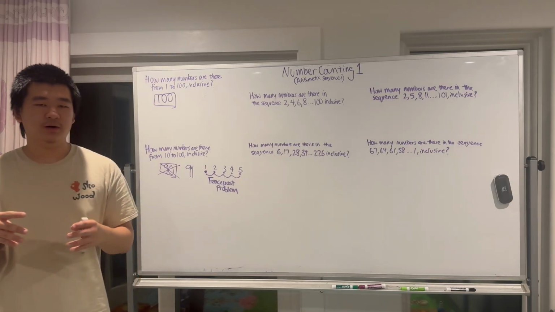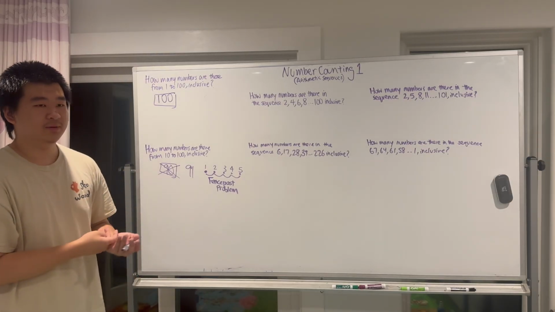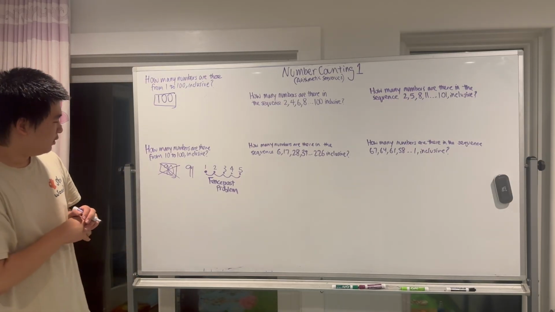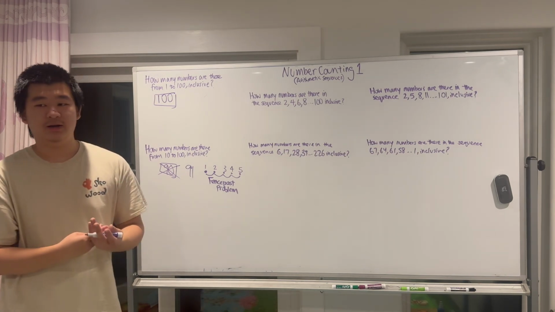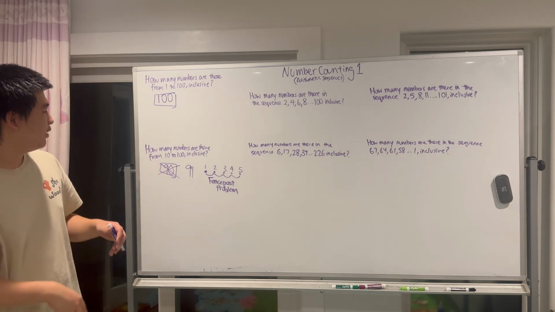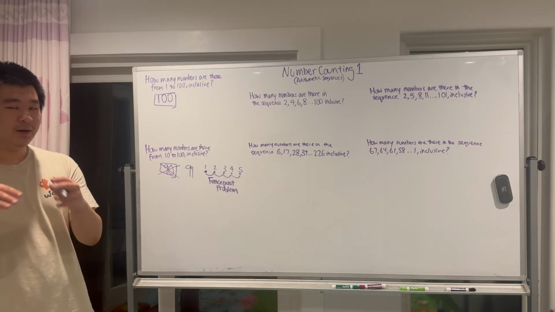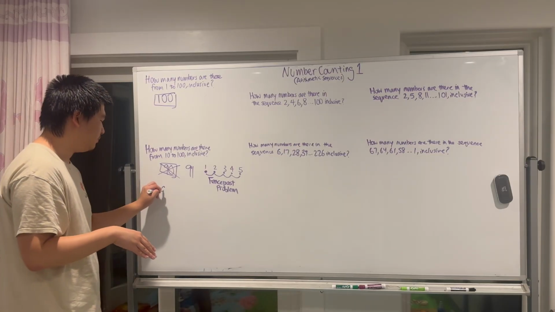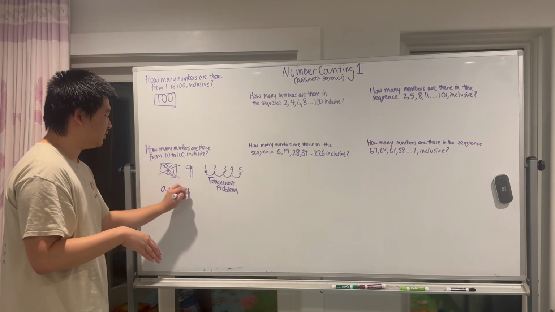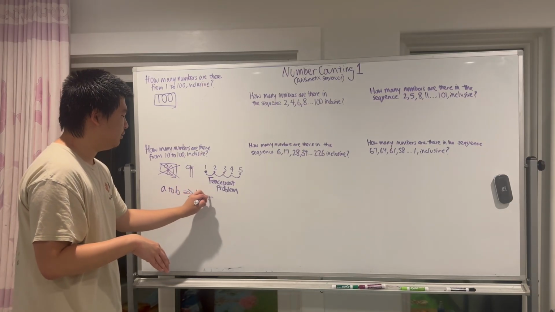And so you might think, okay, well, in order to find the amount of numbers, I can just do subtraction and then add 1. And then you would be correct. In general, the amount of numbers from A to B is going to be just B minus A plus 1.